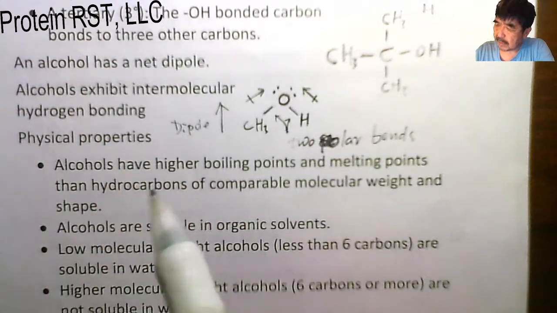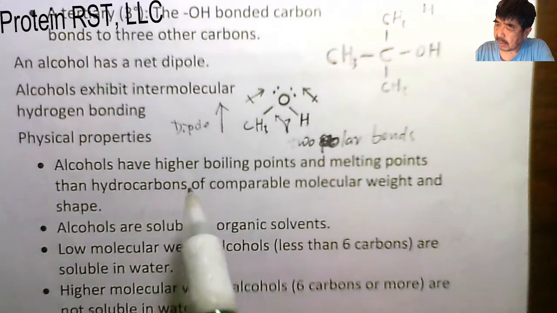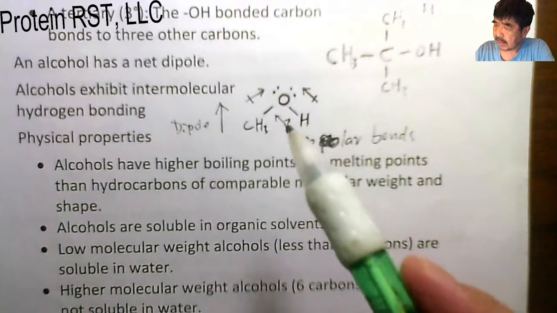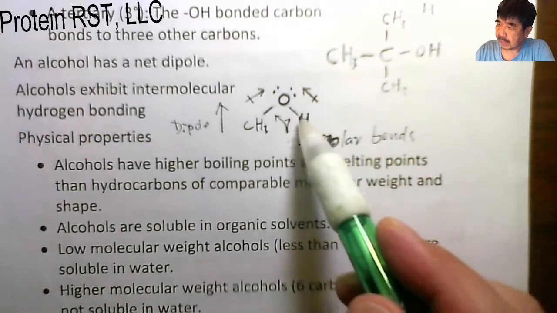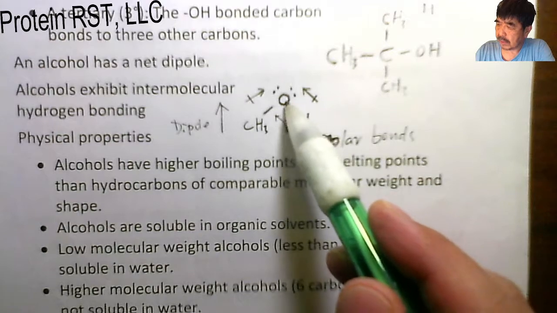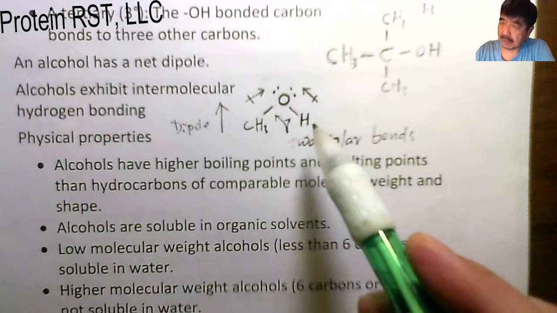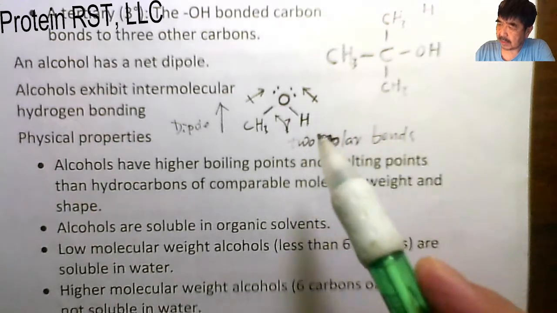Physical properties. Alcohols have a higher boiling point and melting point because they have a hydroxyl group, with hydrogen bonded to oxygen, so they can form hydrogen bonds with other alcohols.